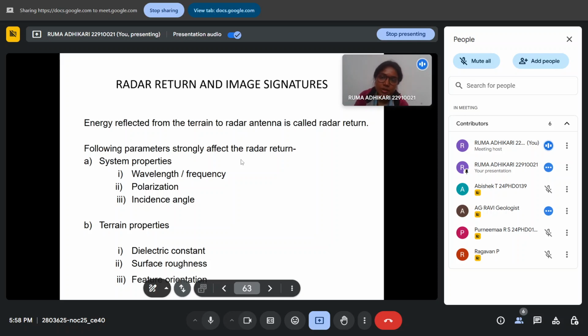One is system properties: the wavelength, polarization and incidence angle. The other is terrain properties, which are very important: dielectric constant, surface roughness and feature orientation. We will see which wavelength sensor to choose, which polarization to work with, which incidence angle is okay to work with. Then for the terrain properties, we will see which one we want to detect.